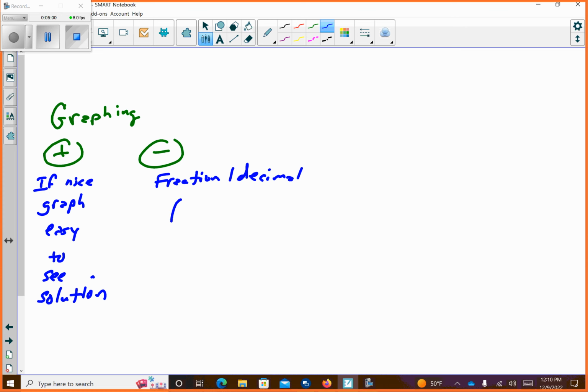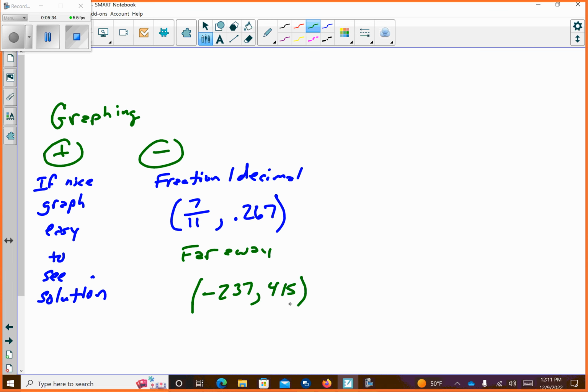If you came up with an answer like 7/11, comma 0.267, that's really hard to see on a graph. Putting a dot there, it'd be hard trying to say, oh yeah, it's 7/11, comma 0.267. Or far away. If we had a solution like negative 237 and 415, our graphs go from negative 10 to positive 10. So that's going to be really hard to see. Okay?